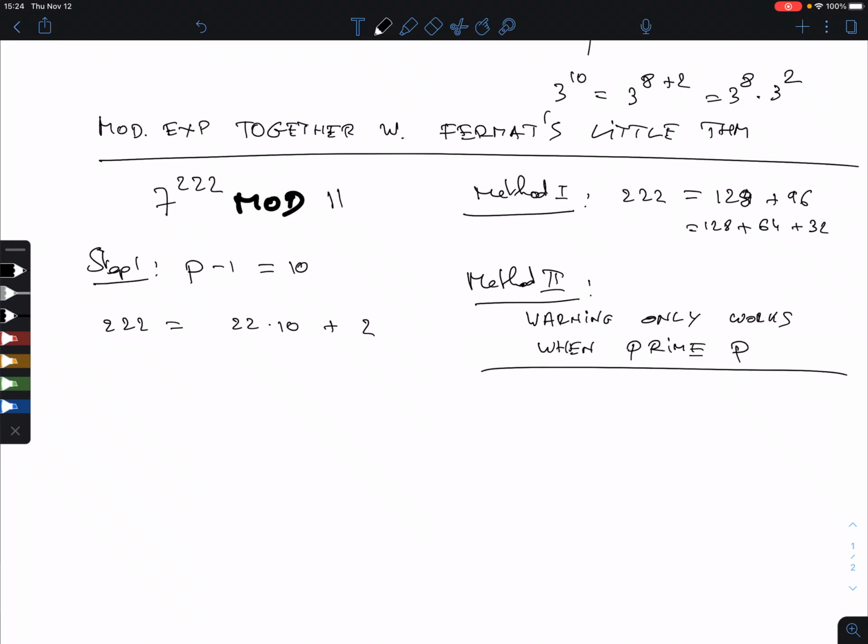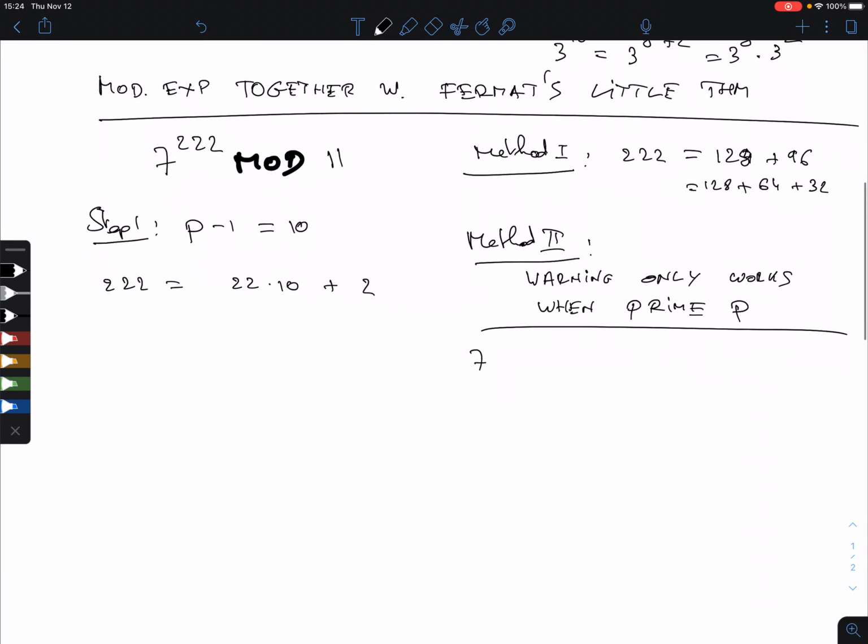Now, why do I do this? I'm going to write this on the side here. 7 to the 222 mod 11. We see that is the same as 7 to the power 22 times 10 plus 2. I haven't done anything, so it is really equality here.